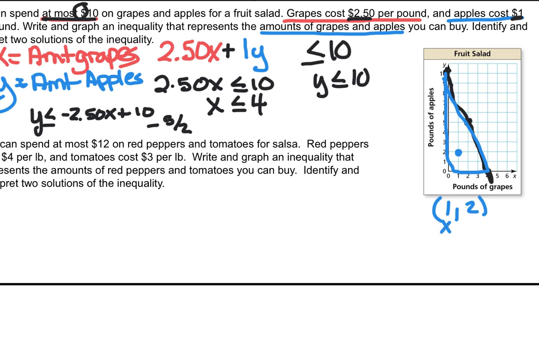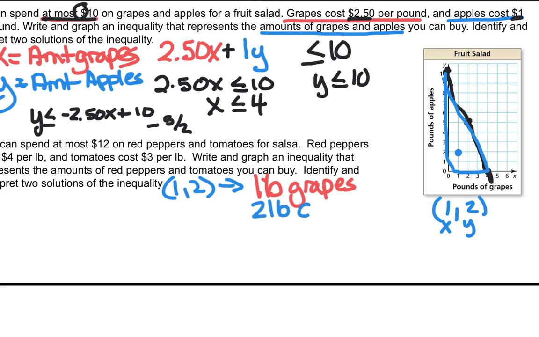So this is x and this is y, right? So the point 1, 2 would mean I got 1 pound of grapes and 2 pounds of apples. I could buy that.